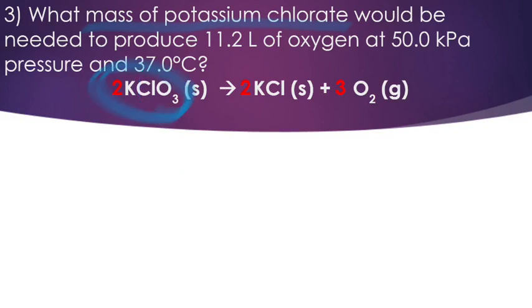So what mass of potassium chlorate would be needed to produce 11.2 liters of oxygen? And so we care about that oxygen as well at 50 kPa and 37 degrees Celsius. So we're going to be using this 2 to 3 ratio somewhere in our problem. We've got that mole ratio ready to go.